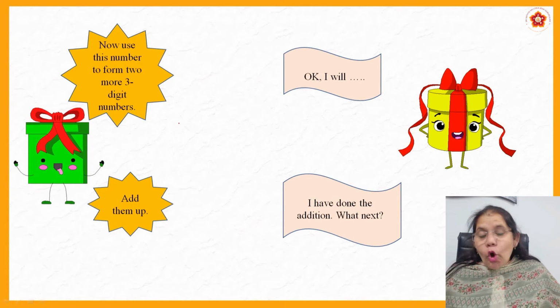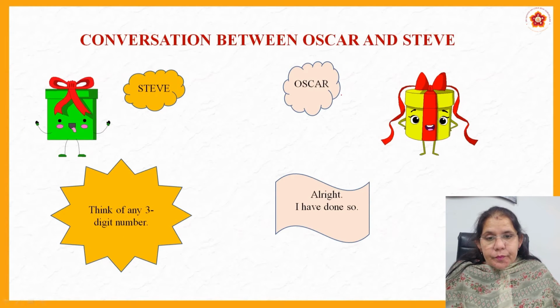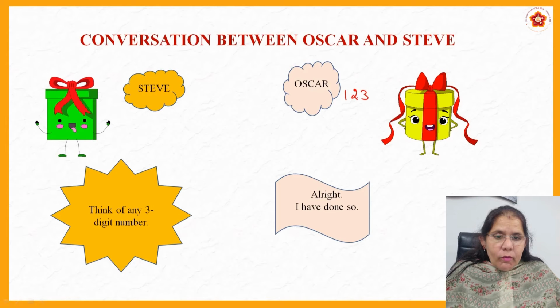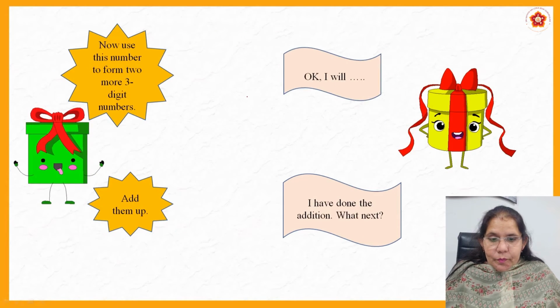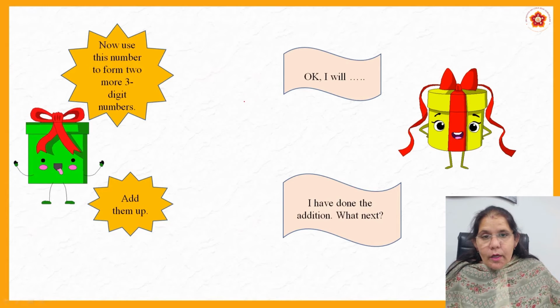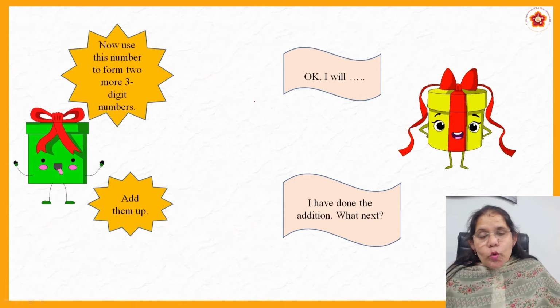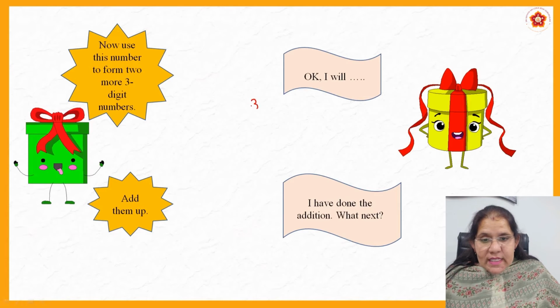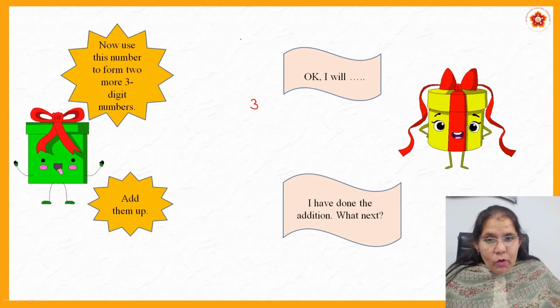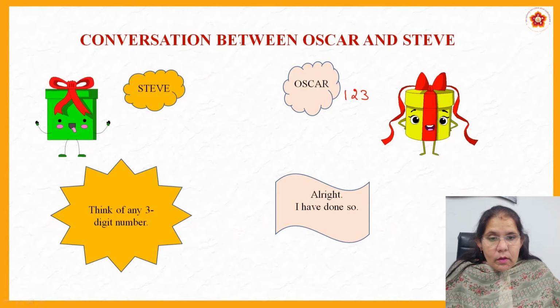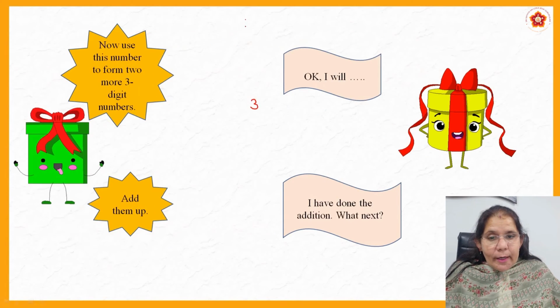Oscar thought of a number. Say Oscar thought number 123. She was further asked to make 2 other numbers using the same digits. Original number was 123.